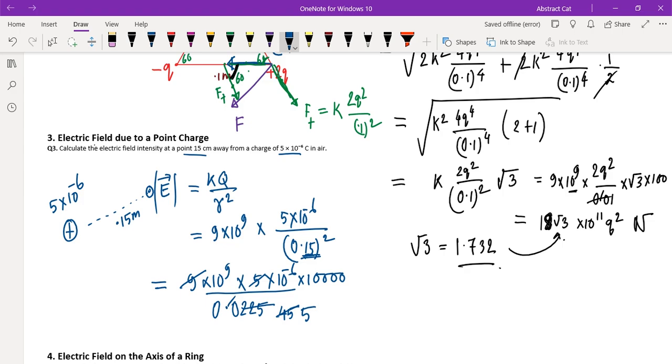So if you solve this, 2, 9, 10, 11, 12. 2 into 10 to the power 12 into 10 to the power minus 6. And you get 2 into 10 to the power 6, since 12 minus 6 is 6. Newton per Coulomb. And you know how to solve this. Very easy.